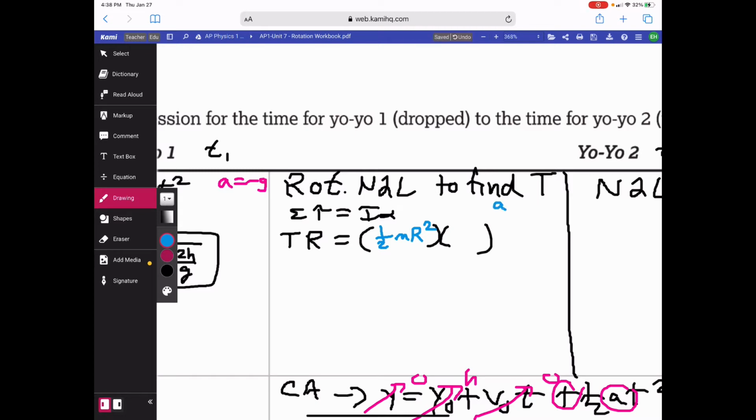And recall that a is equal to r times alpha. So if you solve for alpha, alpha is a over r. One factor of r cancels with one factor of r here, and the remaining factor of r cancels with the one on the left. And we are left with tension is equal to 1/2 ma.